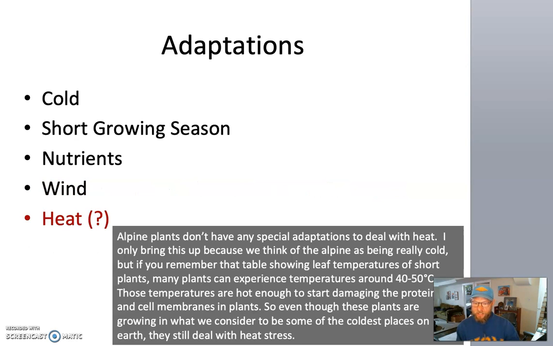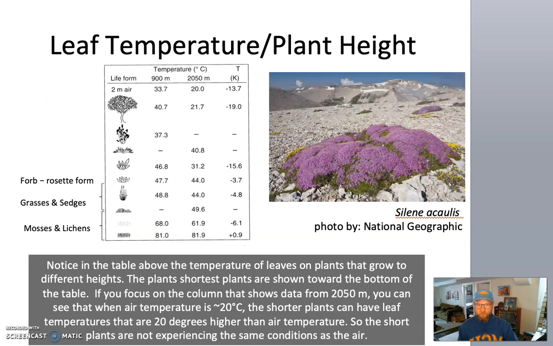And then lastly, heat. So when we're talking about alpine environments, we generally don't think of heat as being a stress, but a lot of these plants experience really high temperatures. If we go back, I'm going to go back up to this slide where we've got this leaf temperature of different sized plants.